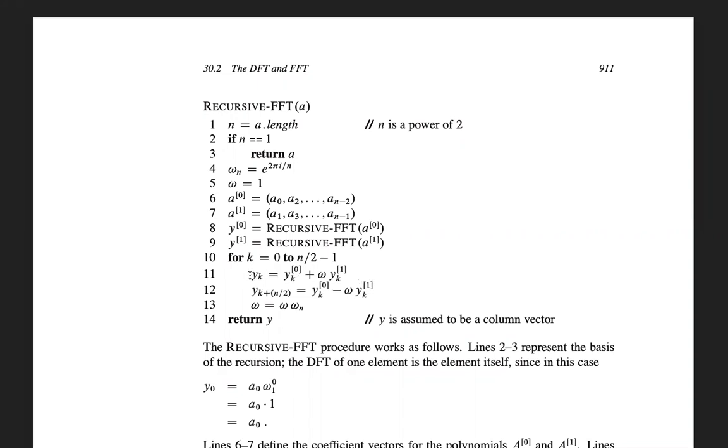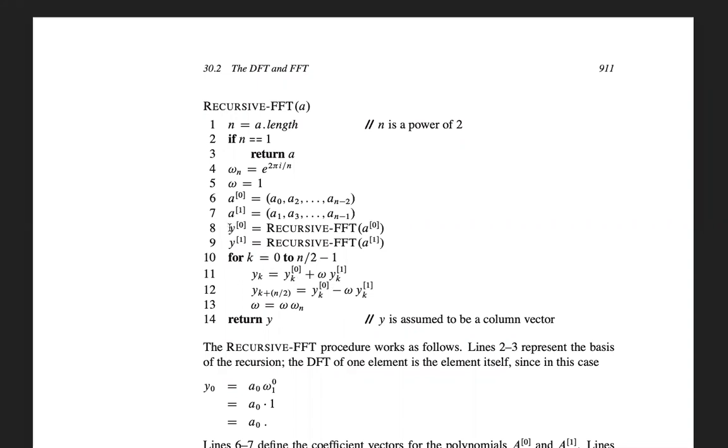So P of omega equals Q0 tilde of omega squared plus omega times Q1 tilde of omega squared.